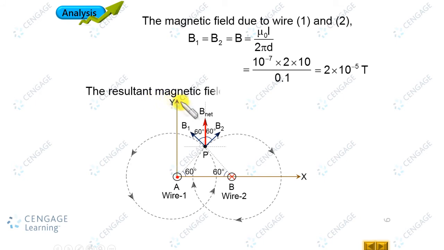So resultant magnetic field B net equal to 2B1 cos 60, right? And direction of course in the y direction, positive y direction. That's why we have substituted the direction j cap, right? Positive value. So now we can substitute the value B, and cos 60 is equal to 1 by 2.